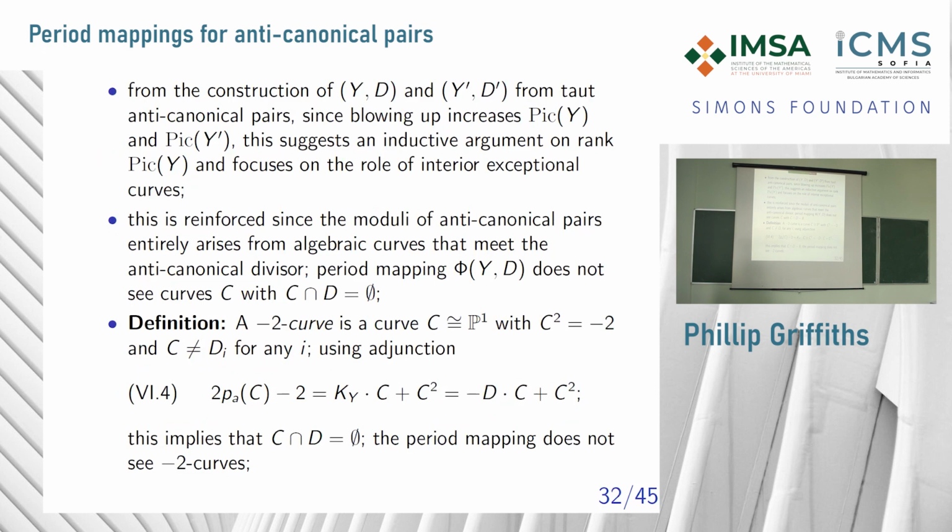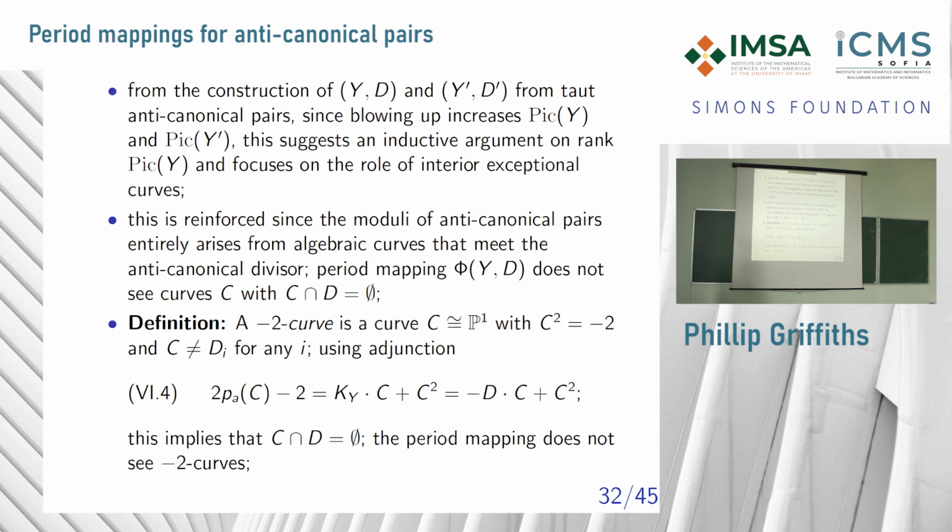So the construction of Y, D and Y prime, D prime from taut anti-canonical pairs, when you do that construction by blowing up, you increase the Picard rank each time because you're putting in a new line bundle, a new algebraic curve.